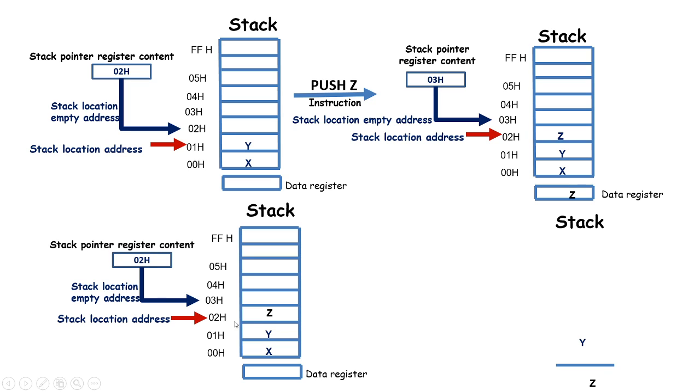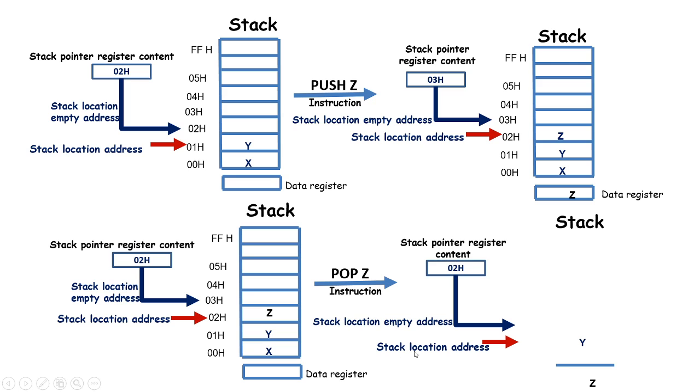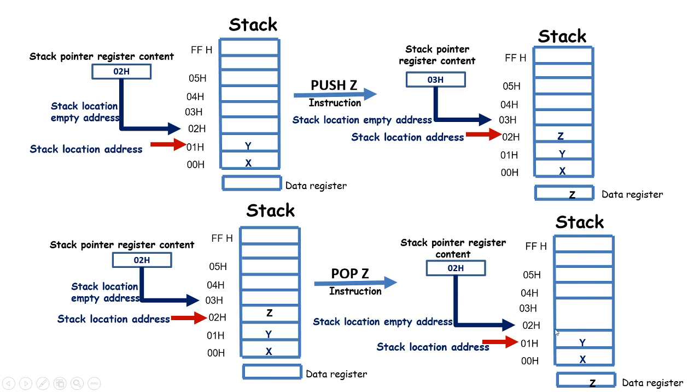Now when the pop instruction is executed, the content of Z will be removed like this, and our stack pointer is decremented by 1. The Z content is removed from the stack and goes to the specified register, and the new address of the stack pointer will now be 02H. In this way push and pop instructions get executed.